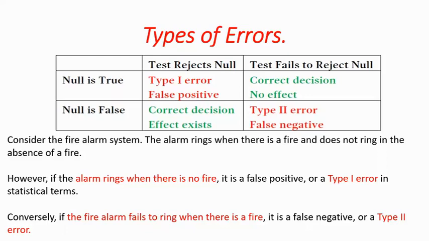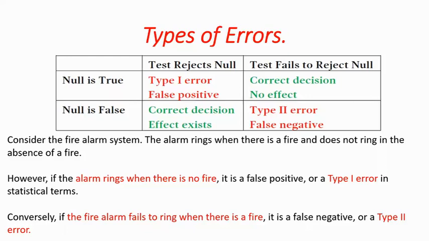Clear? So to understand this more easily, consider a fire alarm system. What we are expecting is that the alarm rings when there is fire and does not ring in the absence of fire. However, if the alarm rings when there is no fire, which is nothing but a false positive situation, we call it type 1 error statistically.